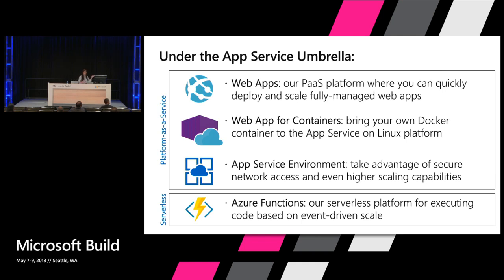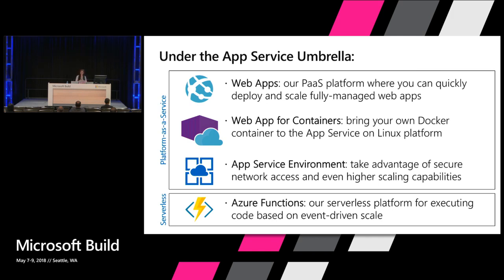So first, to start out with our PaaS platform, platform as a service, we started off with web apps. This is the PaaS platform where you can deploy and scale your web app onto our managed platform and take advantage of all those productivity tools that our team has built, without having your team actually go out and build them themselves. And then we promise the high SLA, and you don't have to worry about that as well. We started App Service on Windows.